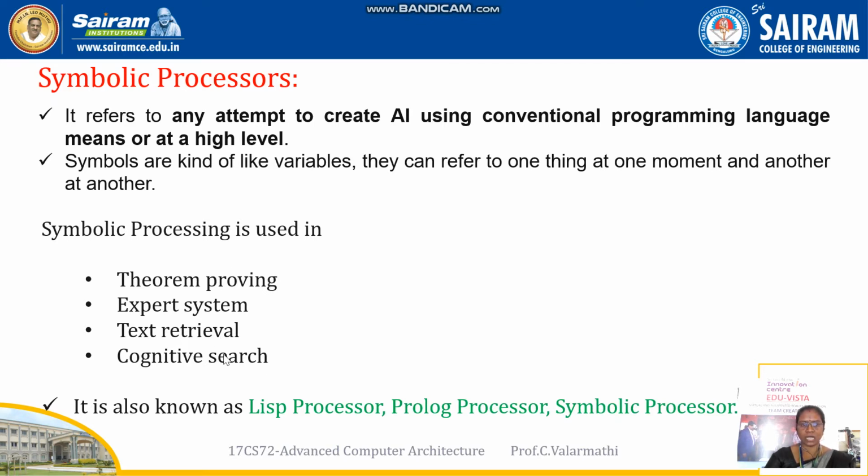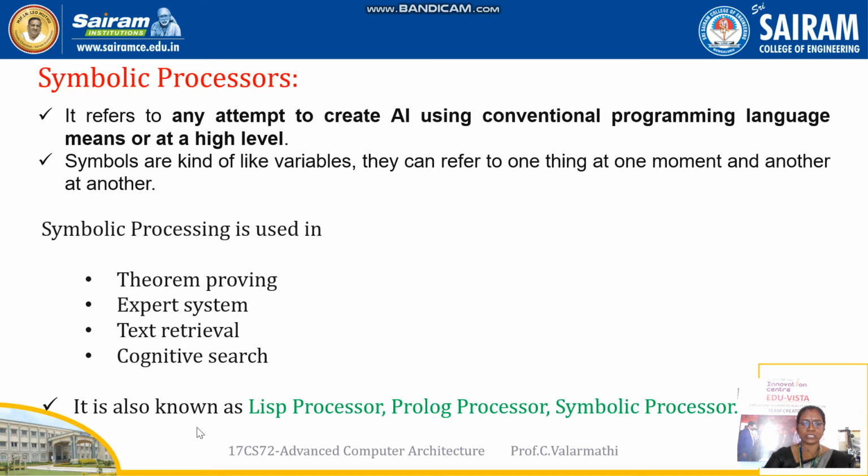From these applications itself, we can get the idea that symbolic processing is mainly used in artificial intelligence, because expert systems, text retrieval, and cognitive search are major concepts involved in artificial intelligence. So symbolic processors are mainly used to create artificial intelligence applications.